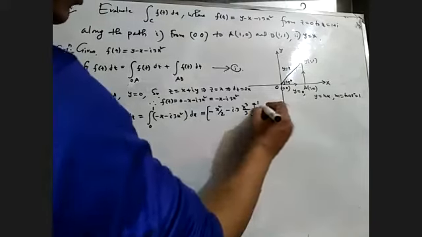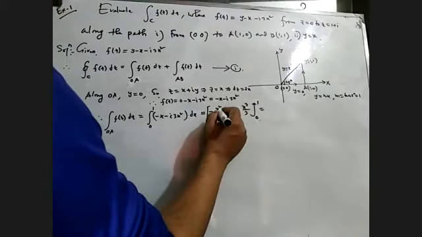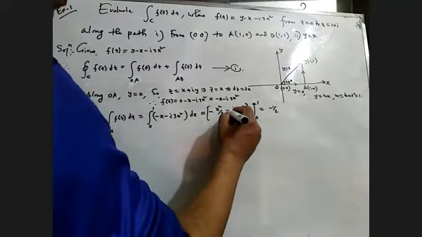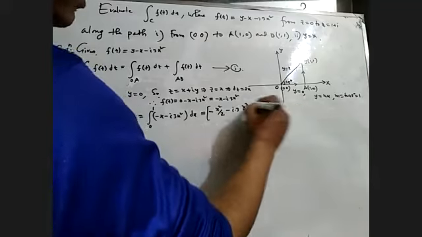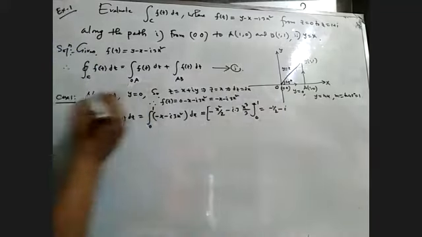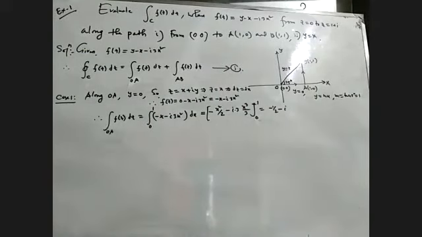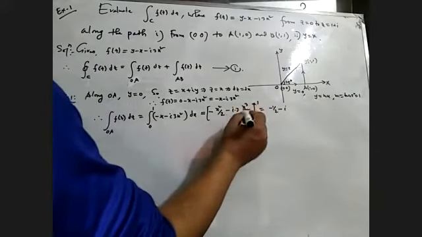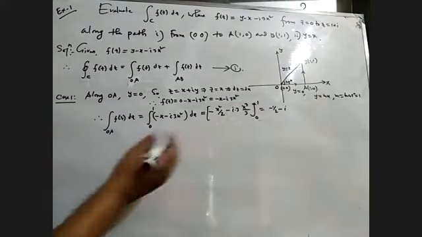So if x equals 1, we get minus half, minus 3 cancelled, only i: minus half minus i, and then minus 0 for the lower limit, since if we put 0, all will be 0.